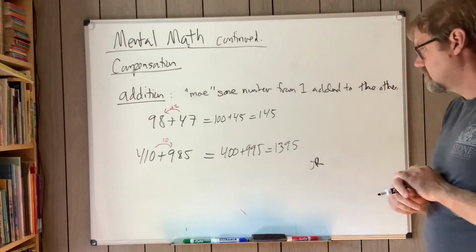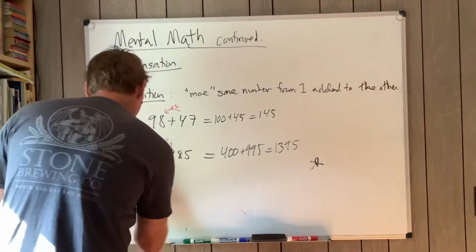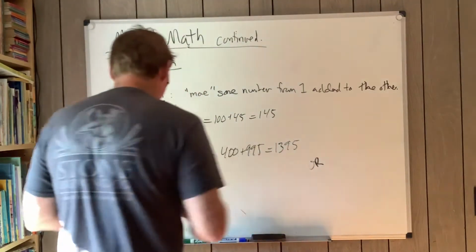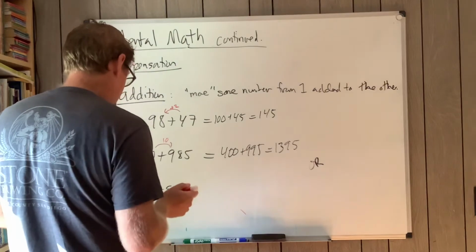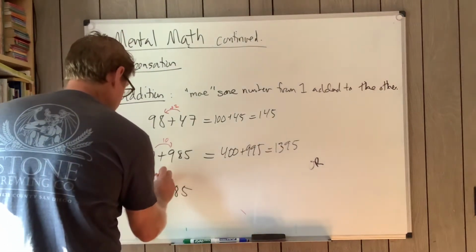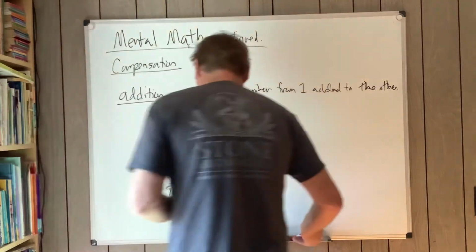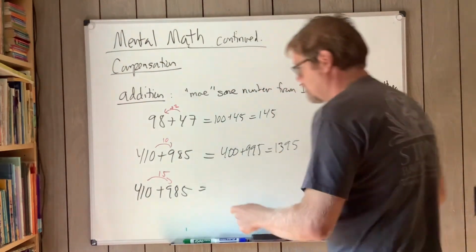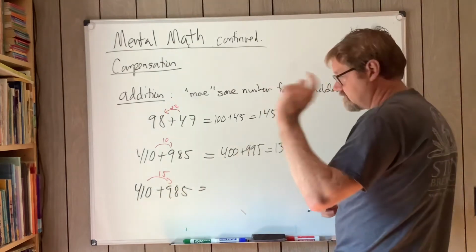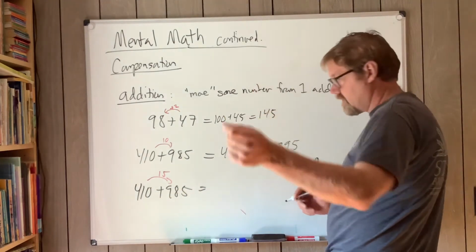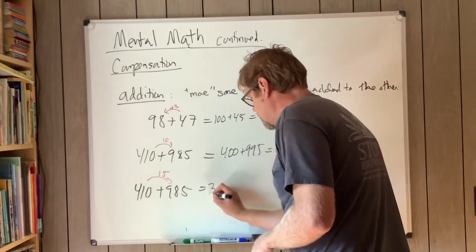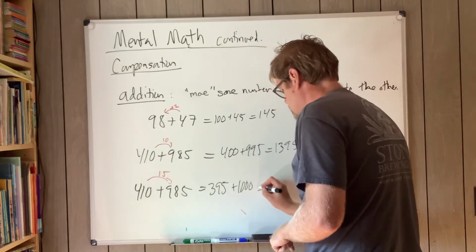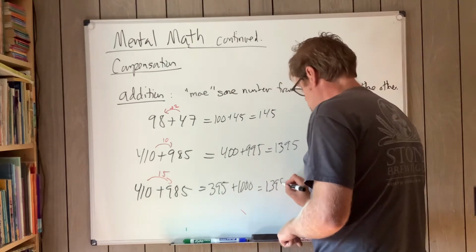Or another way to do this would be, I could move 15 over. So I make that 1,000. And if I'm taking 15 away from this, it's a little bit tricky, but just count down by 5s, and I end up with 395 and 1,000, and I get 1395.